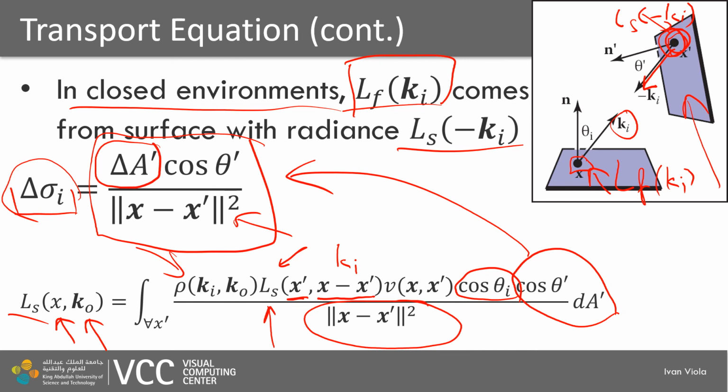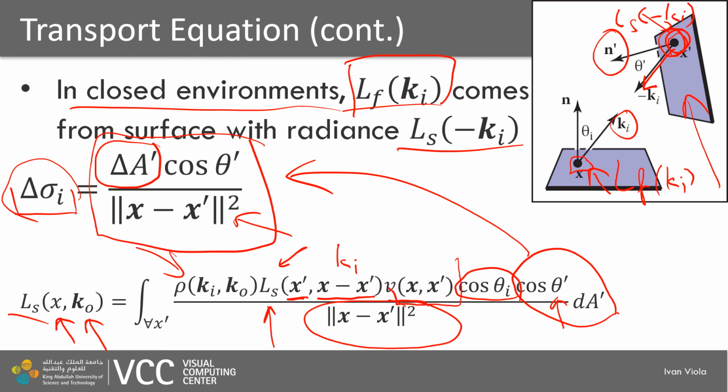So here is the cosine theta prime, which is the angle between the normal at the surface point x prime and the direction of the outgoing surface radiance towards our point x. And we are left here with one more term.